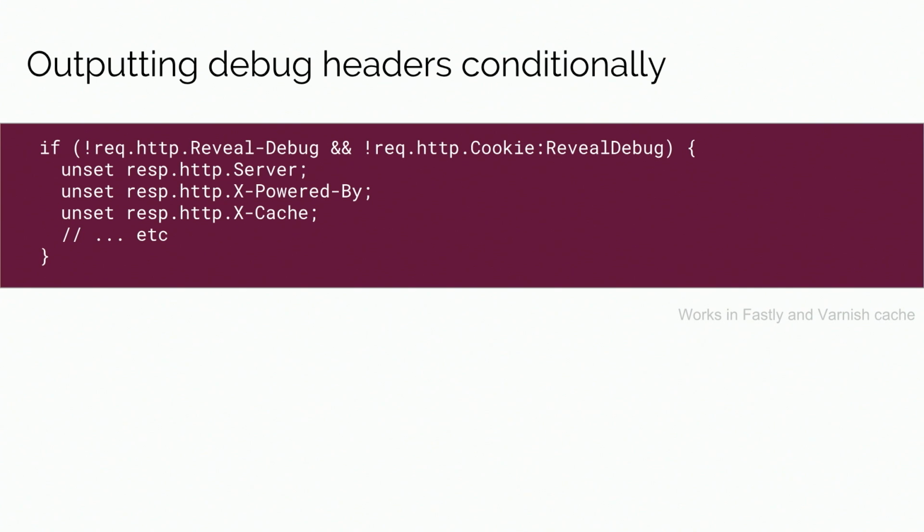You could get fancy about it. In this particular case, I've gated it based on the presence of an additional request header or a cookie. So if I was the developer of this website, I can opt in to continuing to have this debugging information present. But if I'm an ordinary user whose browser is going to ignore this information anyway, then I don't need it to be there.